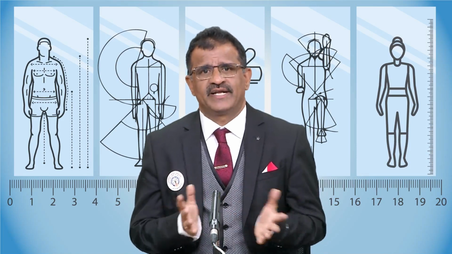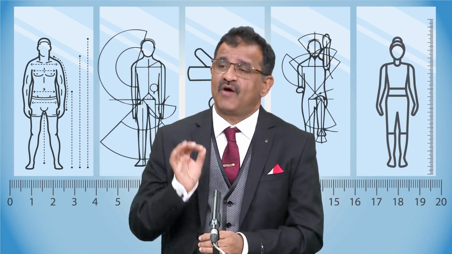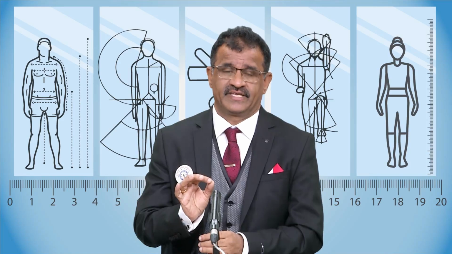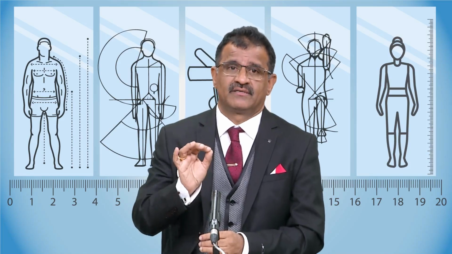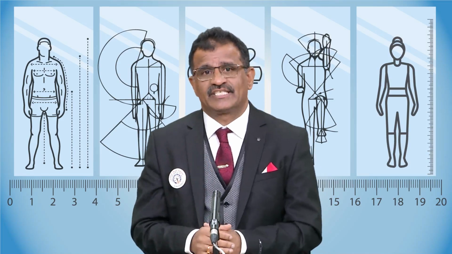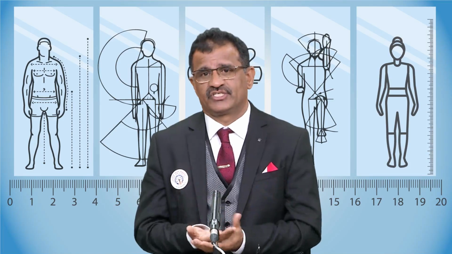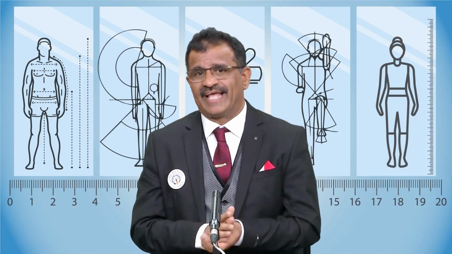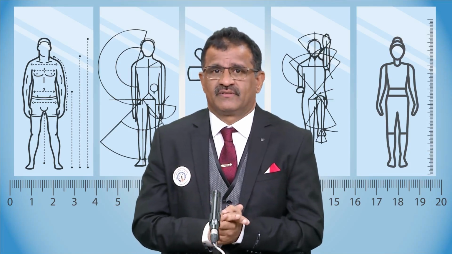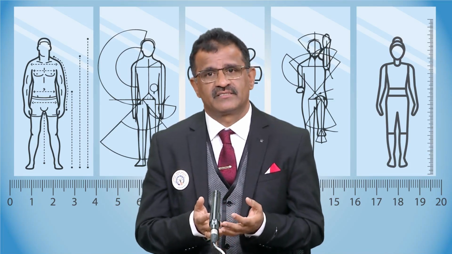So anthropometry literally means the measurement of a man. Here the man means both sexes of human beings. And this word anthropometry is derived from the Greek language, where anthropos means a man and metron means to measure.